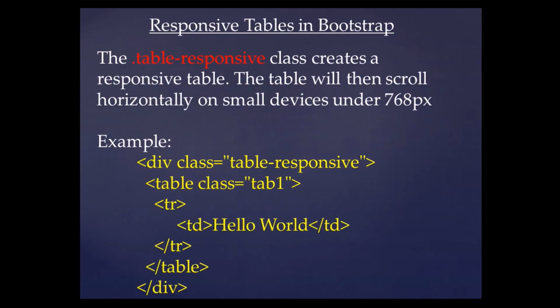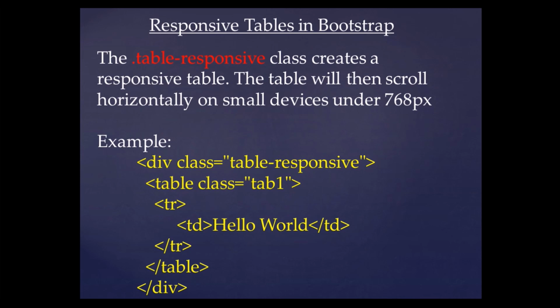Responsive tables in Bootstrap. Now, I've told you in the very first tutorial that Bootstrap is a mobile first responsive framework. That means that if you make a web application for your PC and that is displayed on your mobile phone, the web page that will be displayed on your mobile phone will automatically be resized according to your mobile device, the resolution.